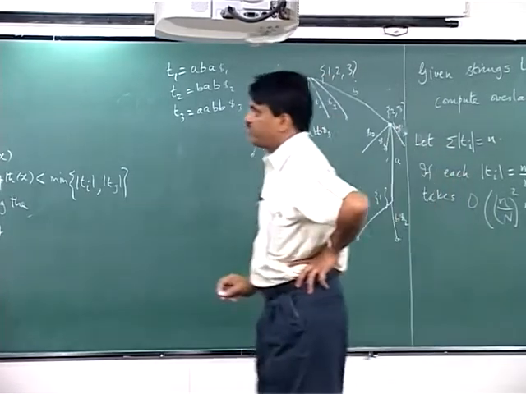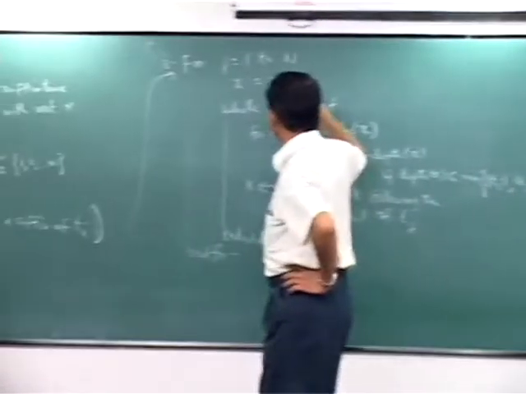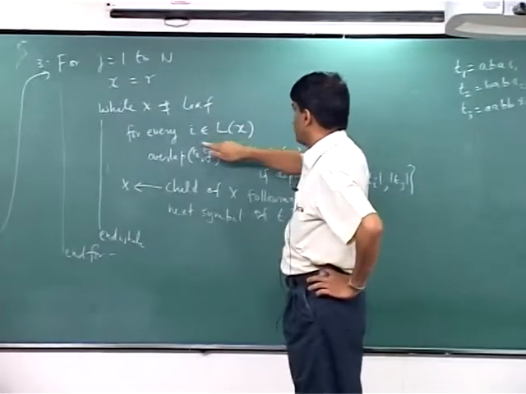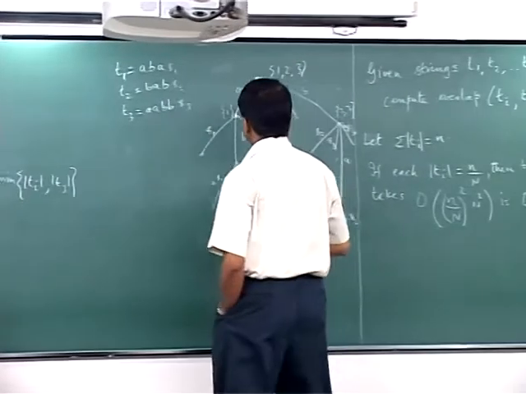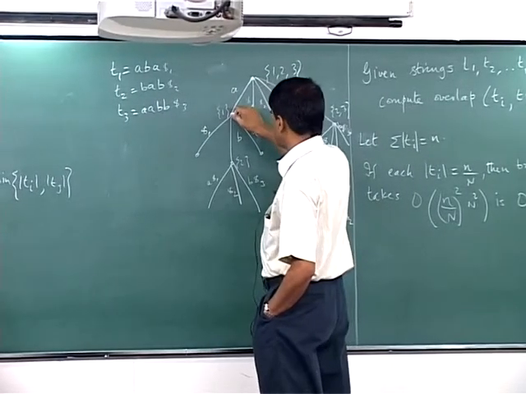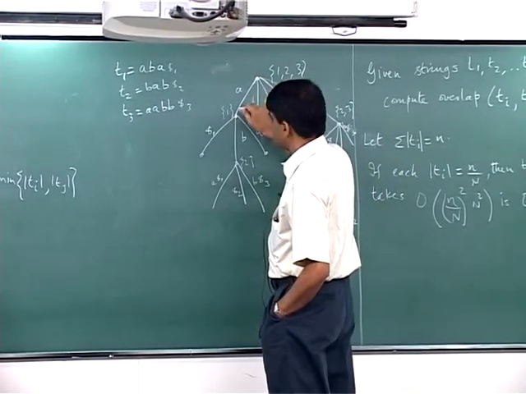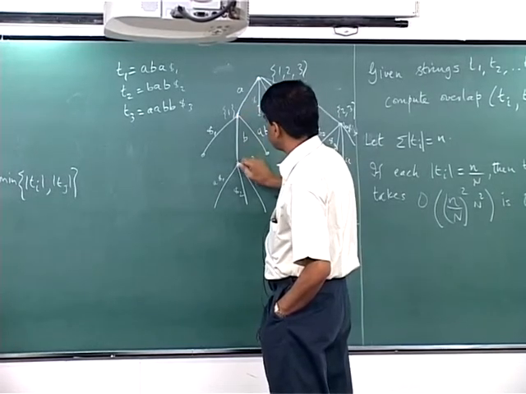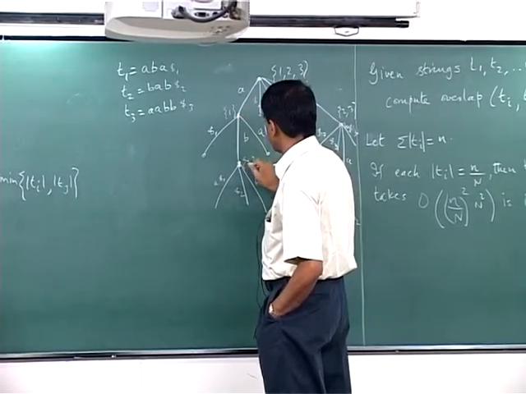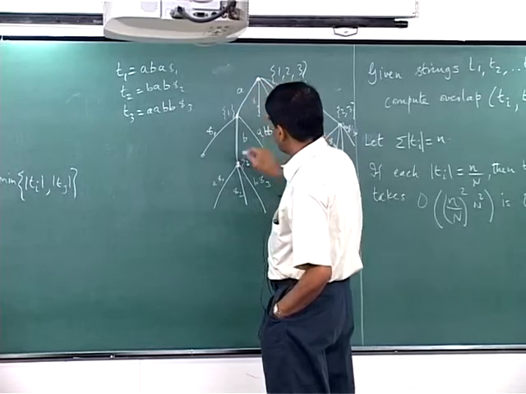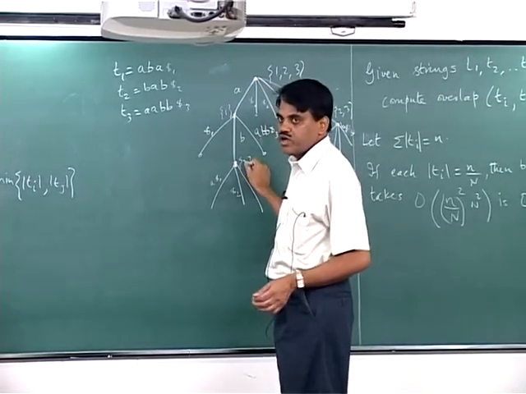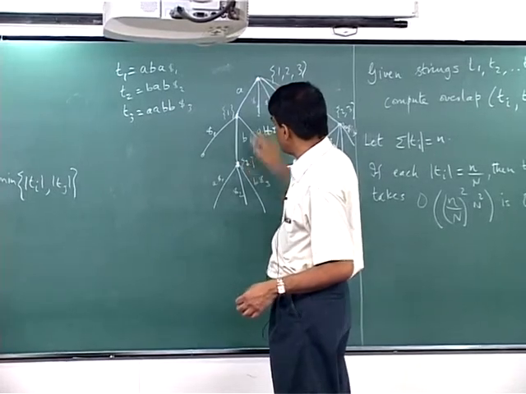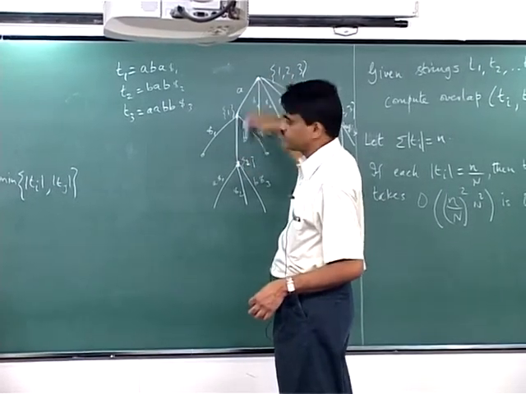So I start from root, while x is not a leaf, for every i in L of x, I update the overlap of Ti and Tj. I am not interested in T1, so I ignore that. The next is AB, and I am going to say the overlap of T1 with T2, because I am seeing T2 in this node, is this length AB.